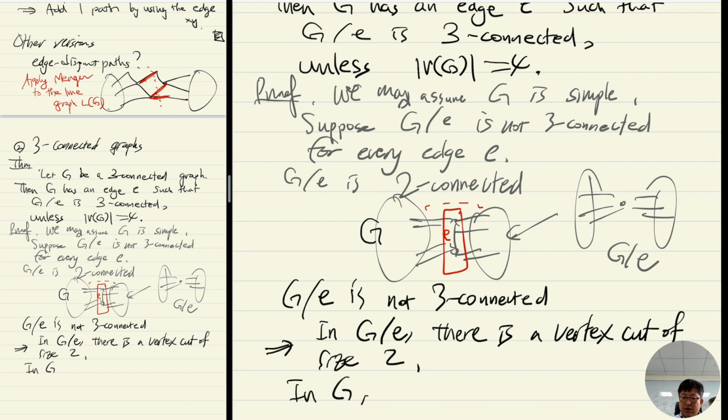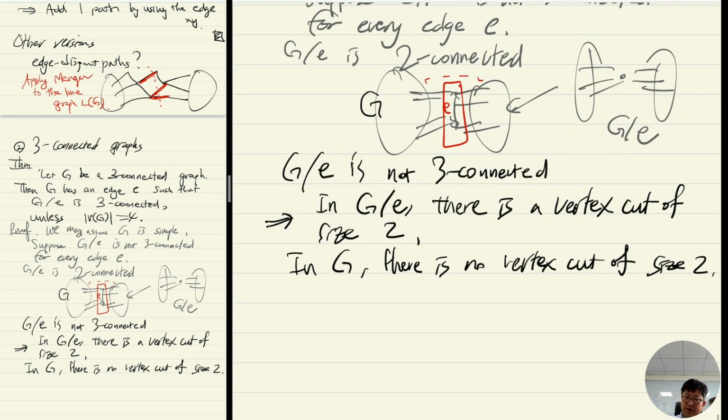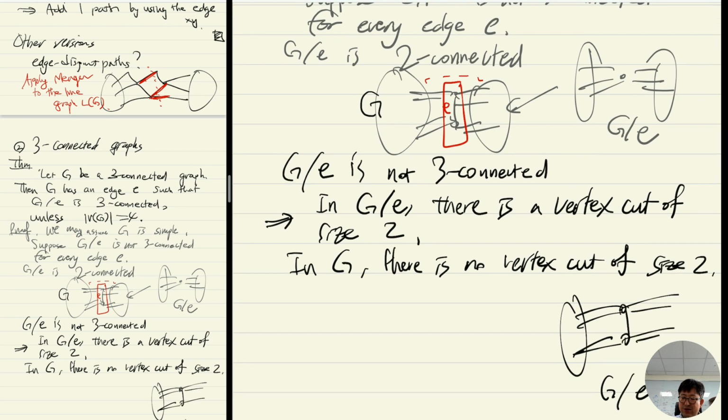But in G, there's no vertex cut of size 2. So what does that mean? In G contract E, I must have a vertex cut of size 2, something like this.